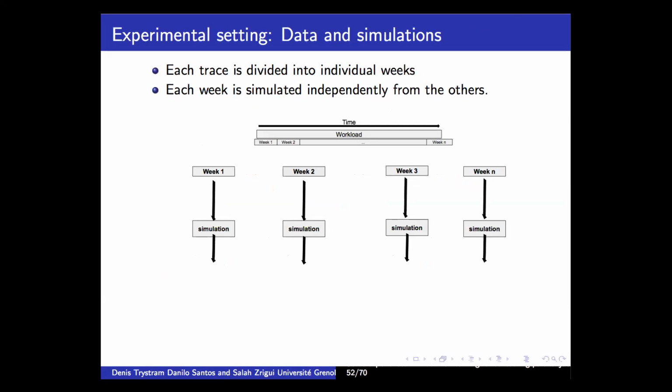Unlike the previous experiment, the one that Danilo presented, we decided, from a data point of view, to go simpler. We do not use any synthetic data. We do not use any reshufflings or external sources of data. We just use the workload as it is. We take one of the workloads and we divide it into several independent weeks, and we perform our simulations on weeks independently.